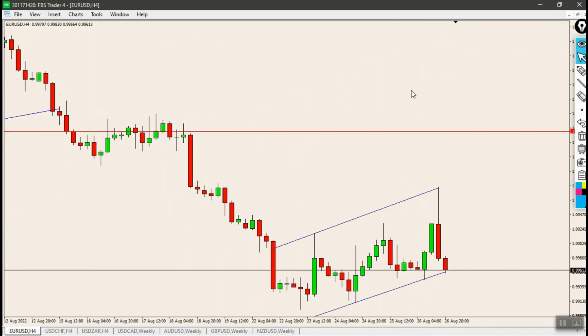So usually when price does that, it's just a reversal. There's just no way you're going to print a high that much and continue to rise with bullish momentum. So I believe Euro USD is going to be selling for the week ahead.